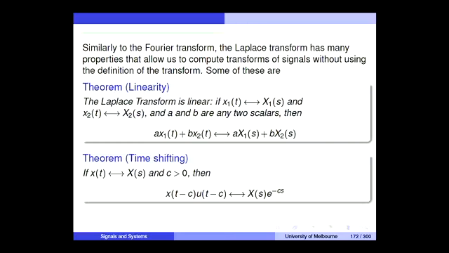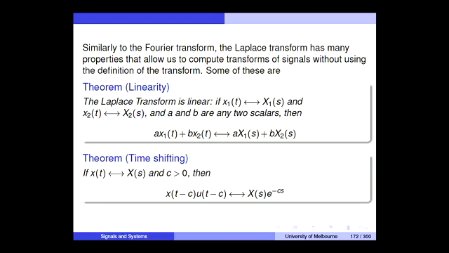Okay. So here, similarly, are the properties of the Laplace transform. It's very easy to write down, but is anything missing here? Every transformation, for the Fourier and Laplace transforms, will have its region of convergence.